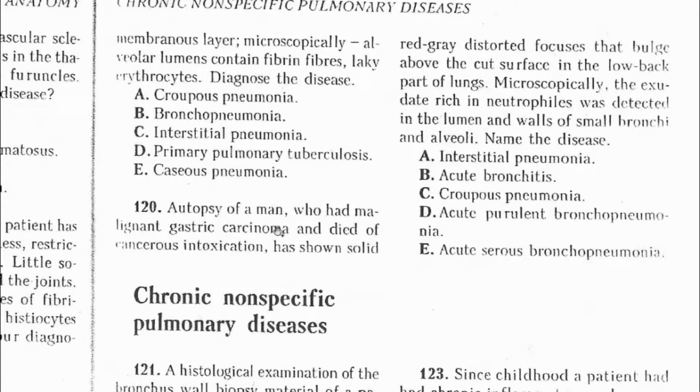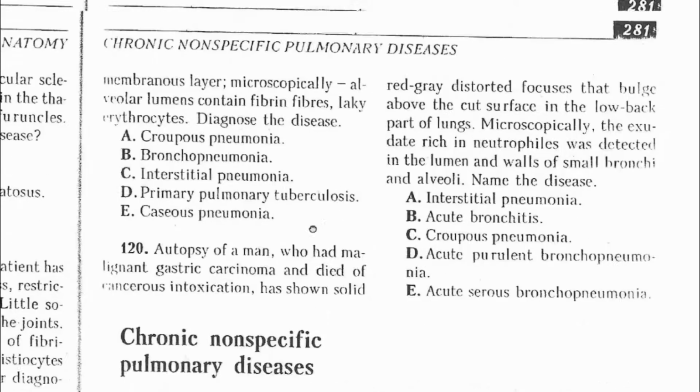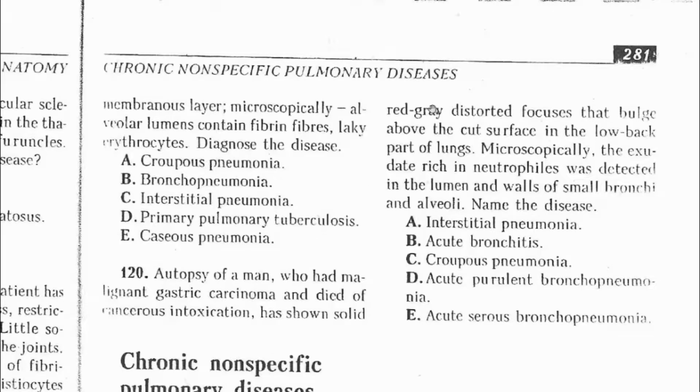Autopsy of a man who had malignant gastric carcinoma and died of cancerous intoxication has shown solid red-gray distorted foci that bulge above the cut surface of the lower back part of the lungs. Microscopically, the exudate rich in neutrophils was detected in the lumen and the walls of small bronchi and alveoli.